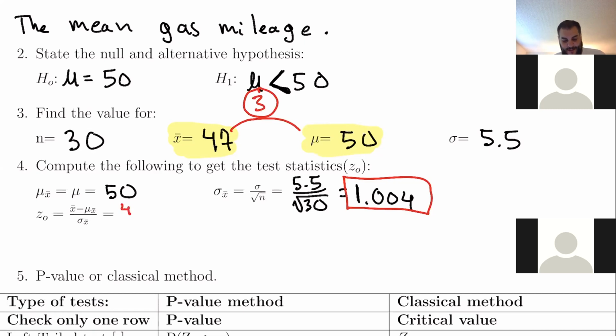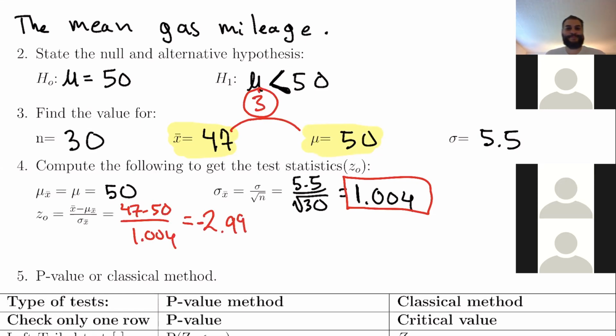We could do 47 minus 50 divided by 1.004. We got 3 divided by that, and you should get 2.99. Should it be negative?